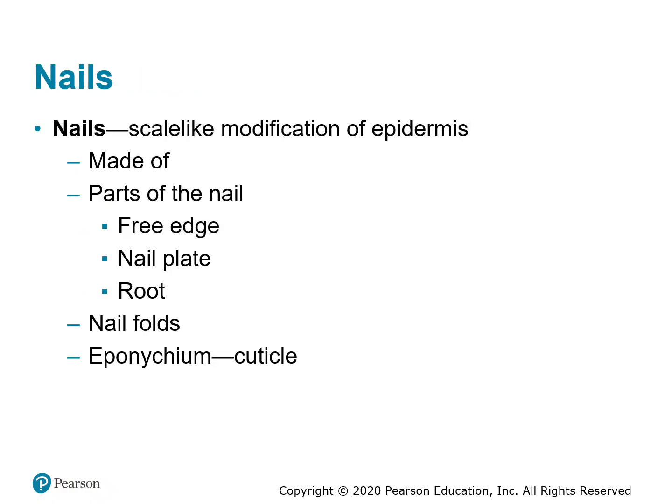Actually, okay. Nails. Nails are a part of your epidermis. They are a modification of the epidermis, and they are made of hard keratin. There are a few parts of the nail. The free edge, this part, the edgy part, right?